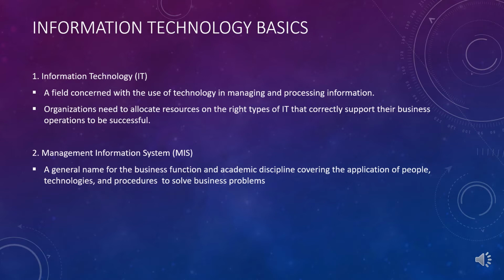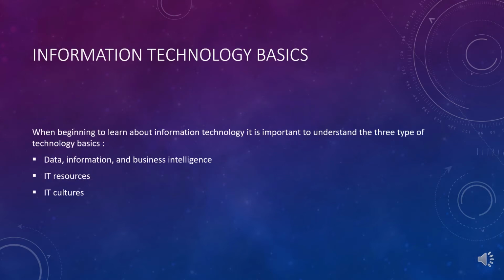Number 2, Management Information System (MIS), a general name for the business function and academic discipline covering the application of people, technologies, and procedures to solve business problems. When beginning to learn about information technology, it is important to understand the three types of technology basics: data, information, and business intelligence, IT resources, and IT cultures.